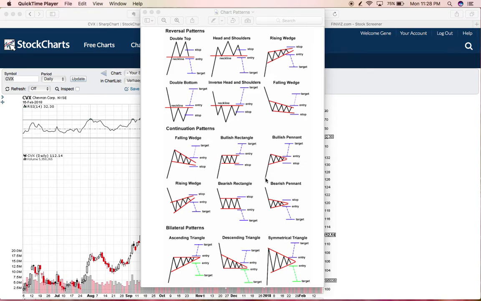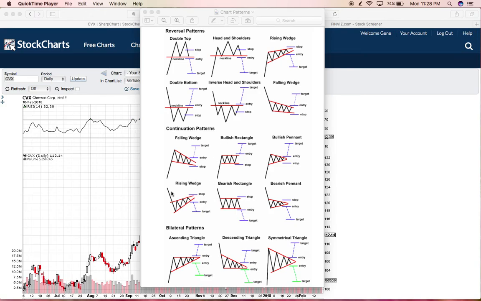You can estimate that once it breaks out, it's going to travel about the same distance. I don't know why that is, but it does seem to work. That's where they get these entry and target lines. They're matching the move it had made previously, whether it was up or down.